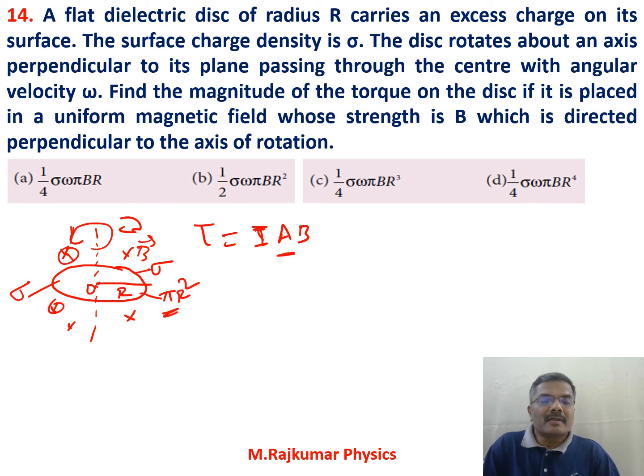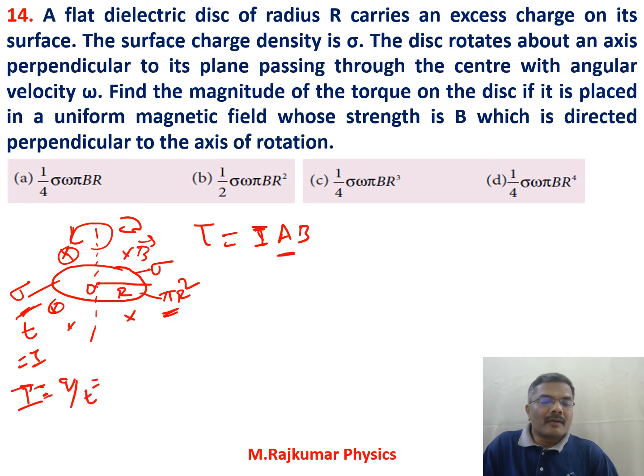I can find I from the charge density, because I is equal to Q by T.